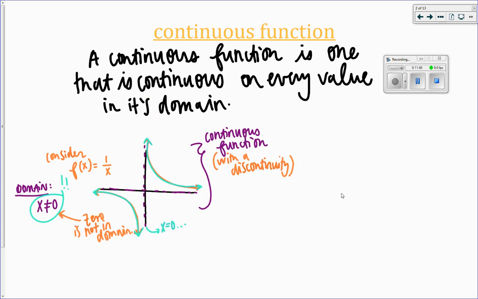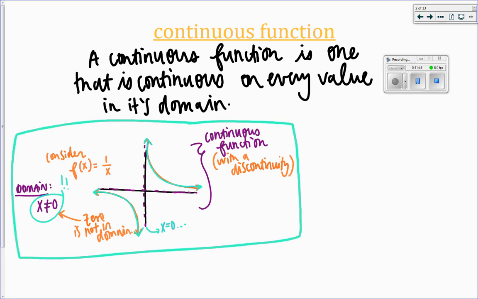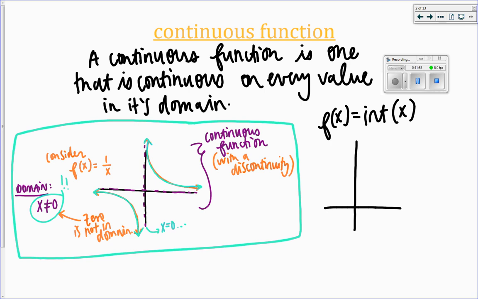Let me give you one other example of a function that we kind of know, maybe don't know as well. What about our f of x is equal to the greatest integer function? Remember, what did this look like? Well, this was our step function. Kind of looked like this.